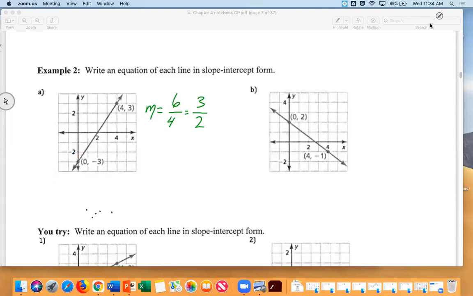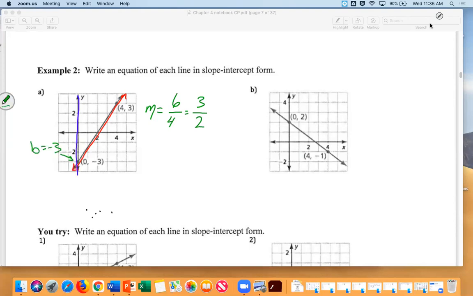That point where my red line crosses the y-axis, which is my blue line, right there. That is my y-intercept.